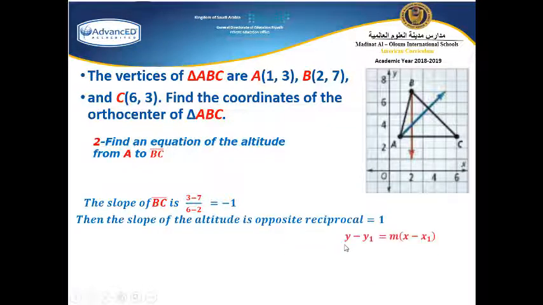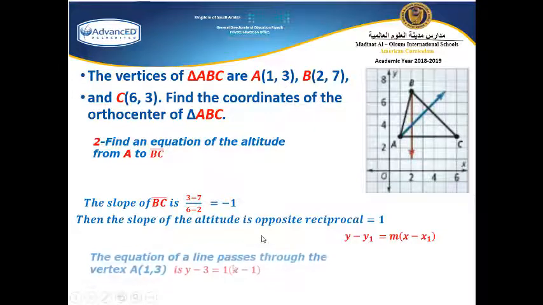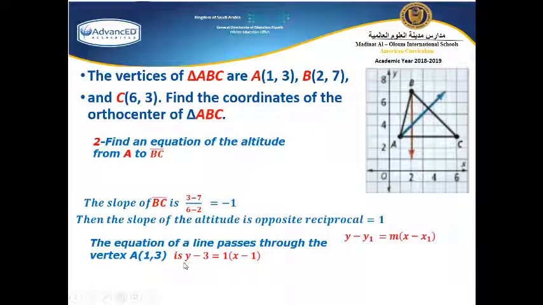Using the point-slope form, y minus y1 equals m times x minus x1, and substituting our point A (1, 3), we write y minus 3 equals 1 times x minus 1. Simplifying, we get y equals x plus 2.